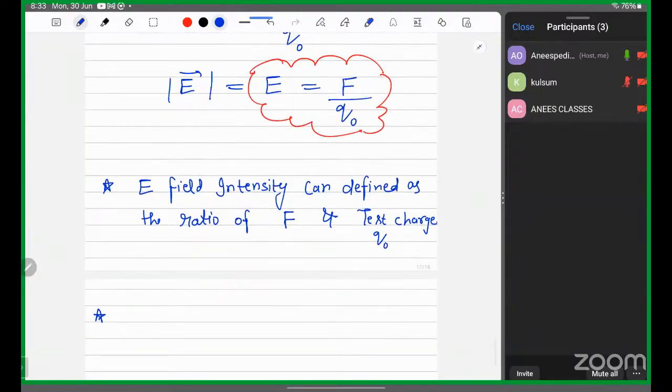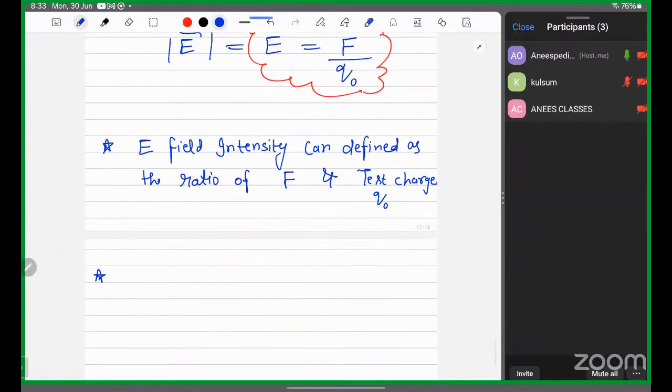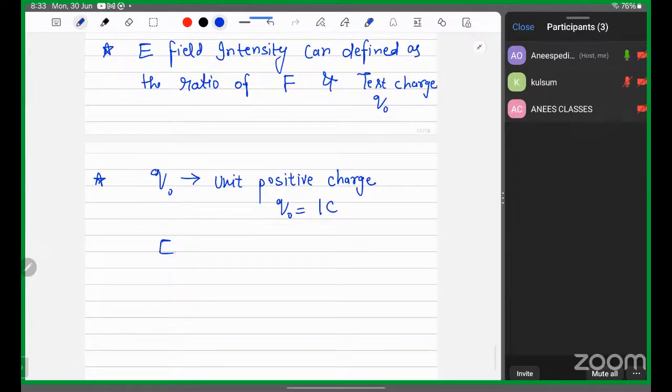Another definition, if you want to define, put Q naught equals to 1 unit. If Q naught is a unit positive charge, so unit positive charge means the value of Q naught is, let's say, 1 unit. So Q naught will be 1 coulomb in magnitude. If you put Q naught 1 coulomb into the formula, you will get E is equals to F divided by Q naught.